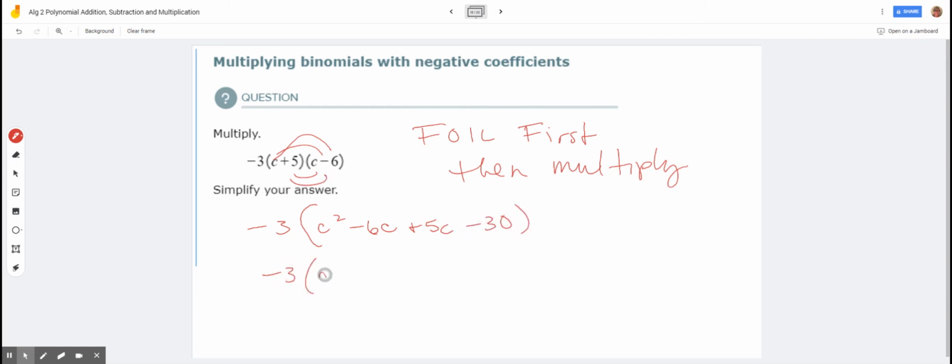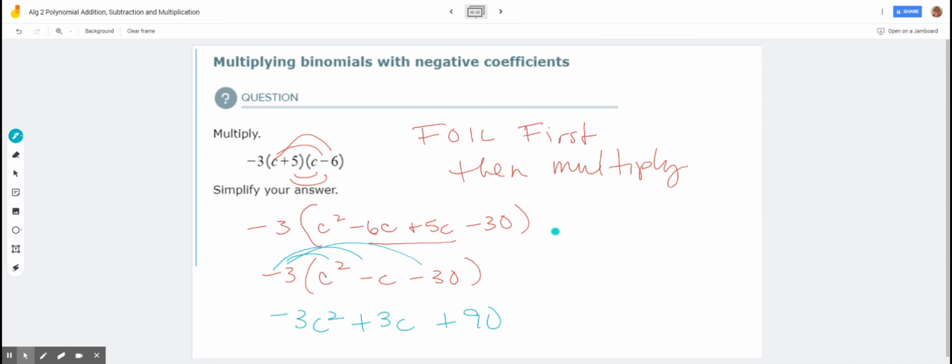Combine your two middle terms, minus c, minus 30, and then distribute your negative 3. So negative 3c squared plus 3c plus 90. And that is your answer.